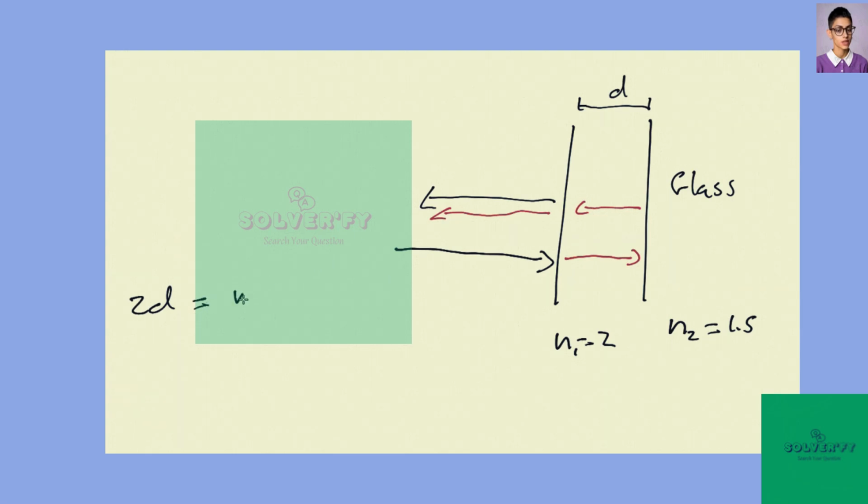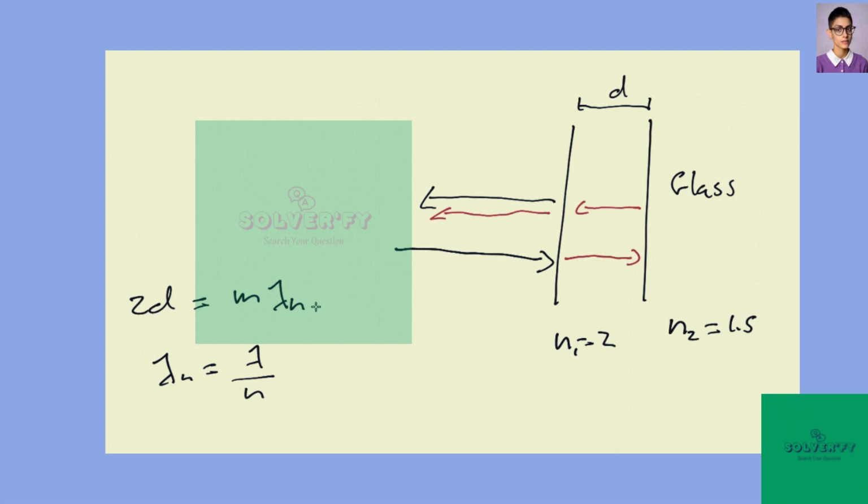So I'm going to say m, which is an integer, times the wavelength, but we have to be careful because it's the wavelength inside this material. So I'm going to say lambda sub n, where n refers to the index of refraction. Here we have lambda sub n equals the vacuum wavelength over the index of refraction of the material.